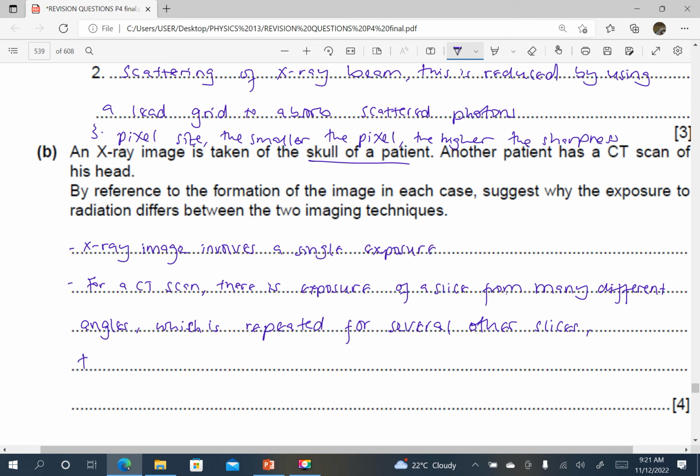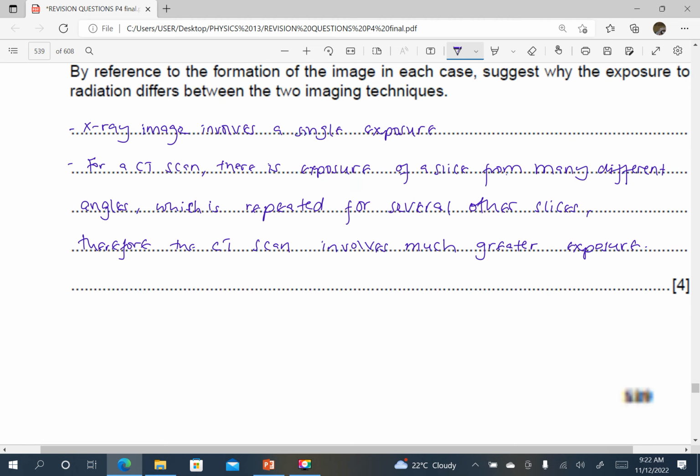Therefore, the CT scan involves much greater exposure.